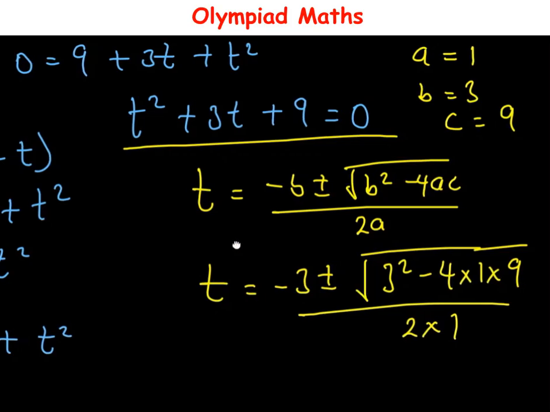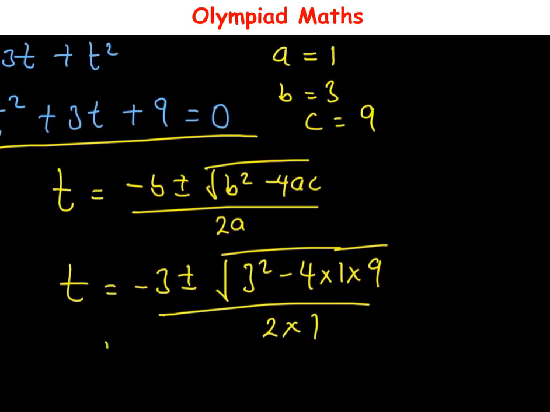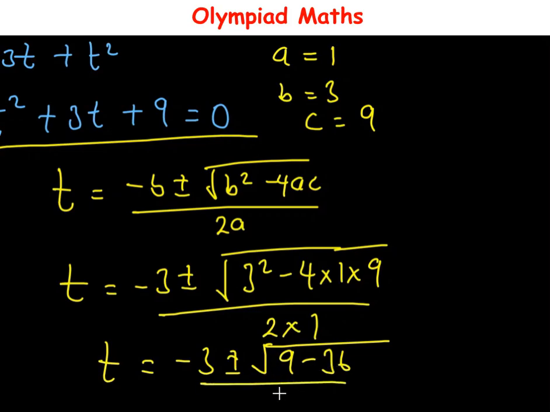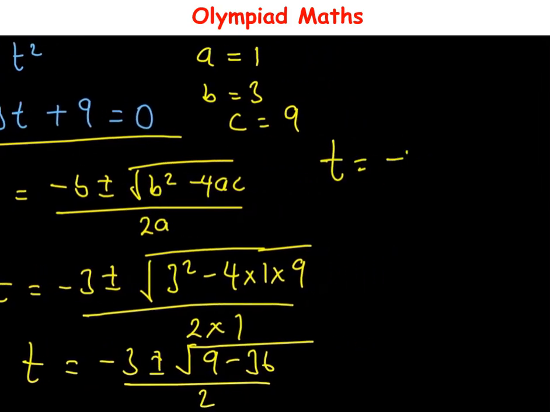So working with this, the value of t is then equal to minus 3 plus or minus square root 3 squared is 9 minus 4 times 1 times 9 equals 36 all over 2 times 1 is 2. From here, the value of t is equal to, okay, so we have minus 3 plus or minus square root of 9 minus 36 is equal to minus 27 all over 2.